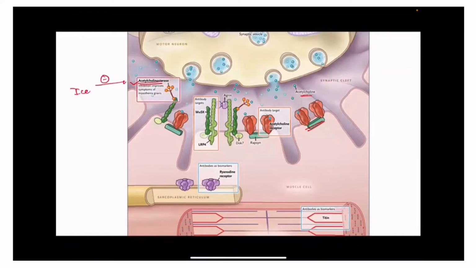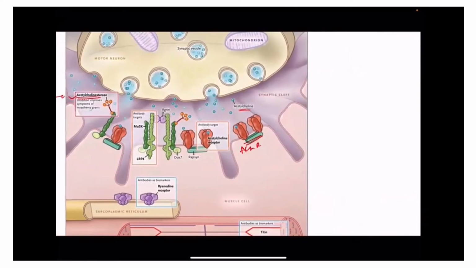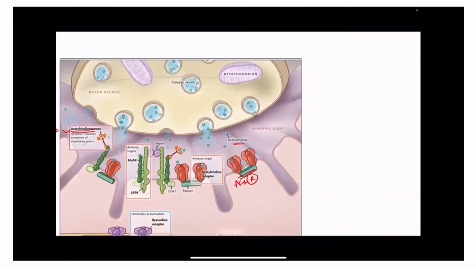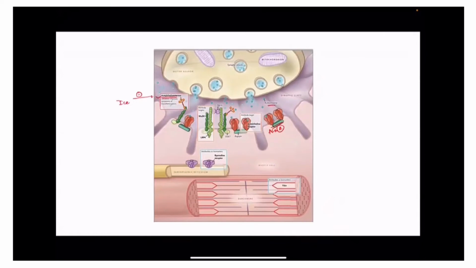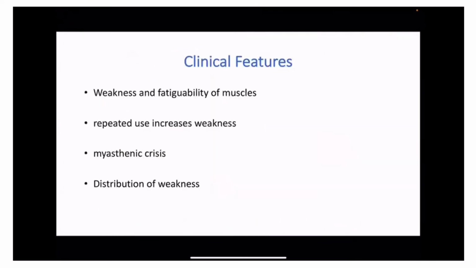That is why more and more acetylcholine is available for acting on the acetylcholine receptors. So in the ice pack test, the basis is that once we apply ice, acetylcholinesterase is inhibited a little, and that is why acetylcholine can act more on whatever acetylcholine receptors are present, the minute quantity. It is not that all the acetylcholine receptors have antibodies. A small fraction of acetylcholine receptors are still present in the patient, and that is the basis of this test.